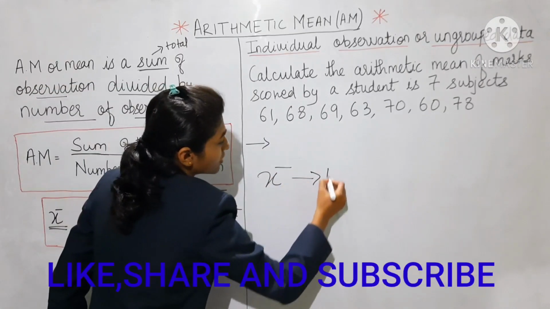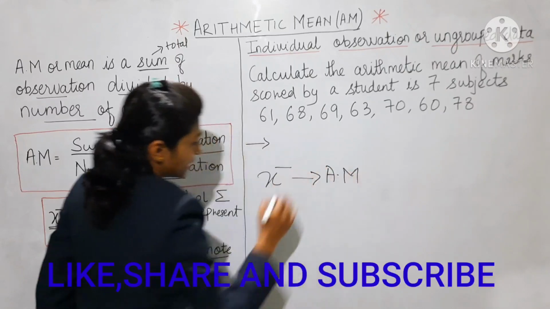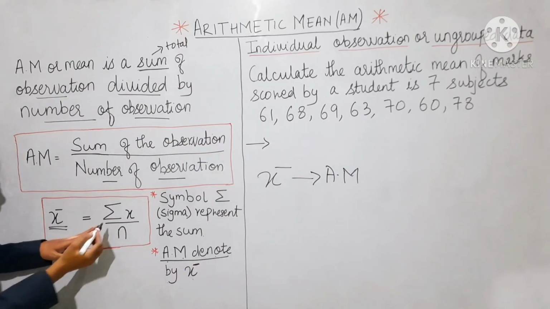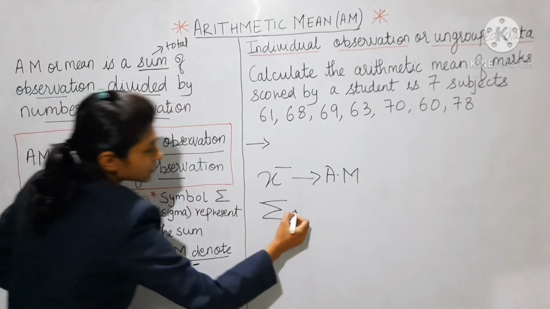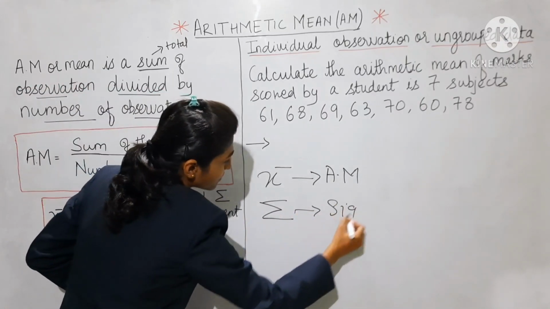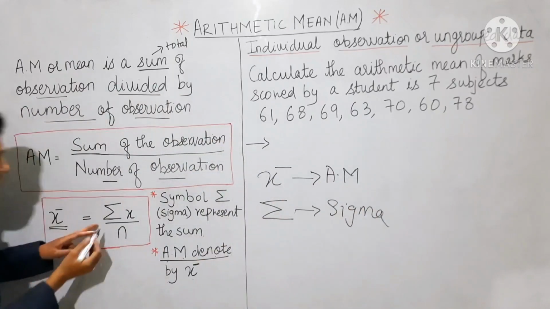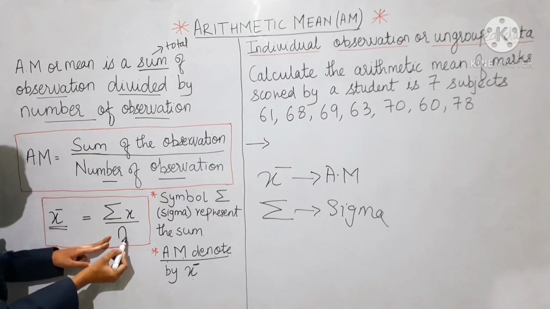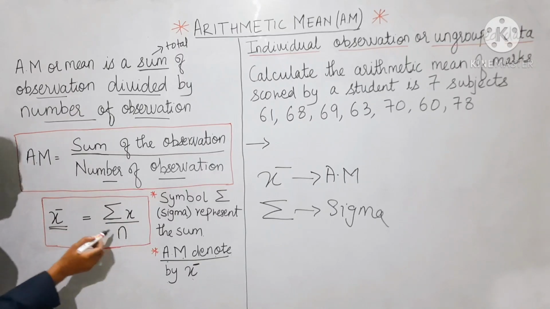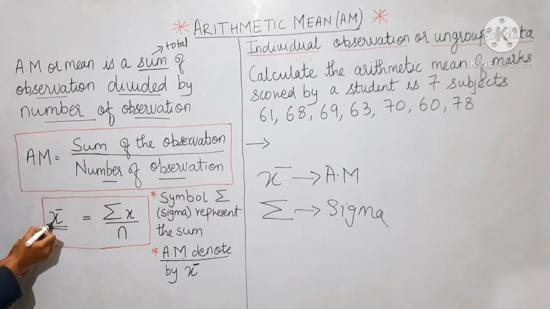Arithmetic mean is equal to sigma x divided by n. This sign is sigma. N is the number of observation. So x bar means arithmetic mean.